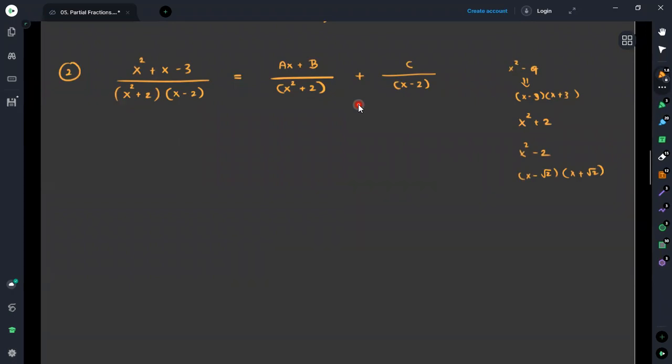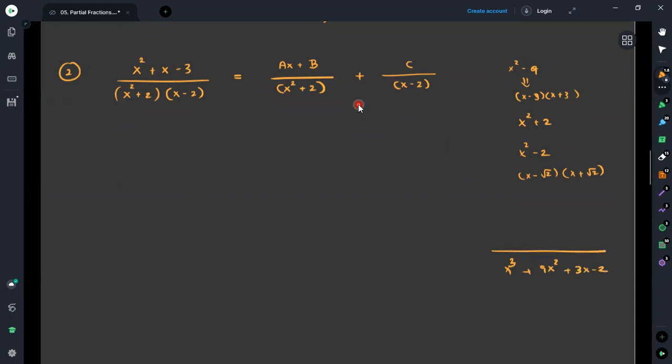Since it cannot be factored any further, we have to use a polynomial with a degree 1 less than the polynomial in the denominator. Suppose we have x cubed plus 9x squared plus 3x minus 2, and it is irreducible.